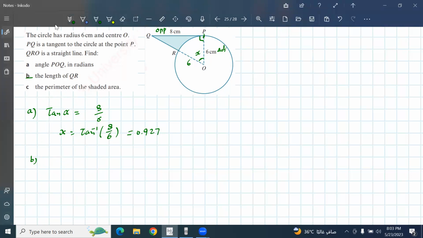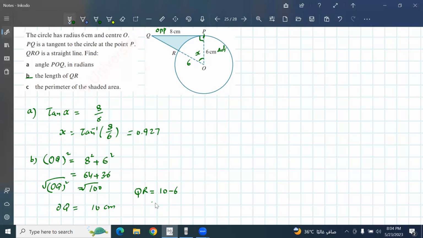So OQ whole square is equal to the sum of squares of the other two sides, means 8 square plus 6 square, which gives us 64 plus 36, which is equal to 100. If you take square root on both sides, it gives us OQ is 10 centimeters. This is not our answer. They want us to find QR. So QR is equal to total length 10 minus radius 6, which gives us 4 centimeters. So this is the answer of part B.